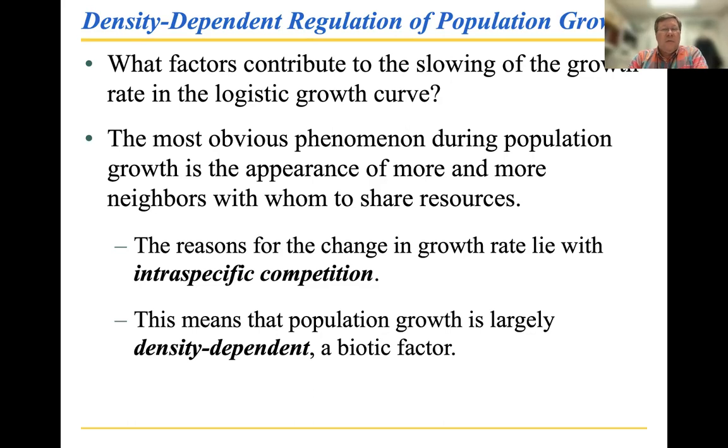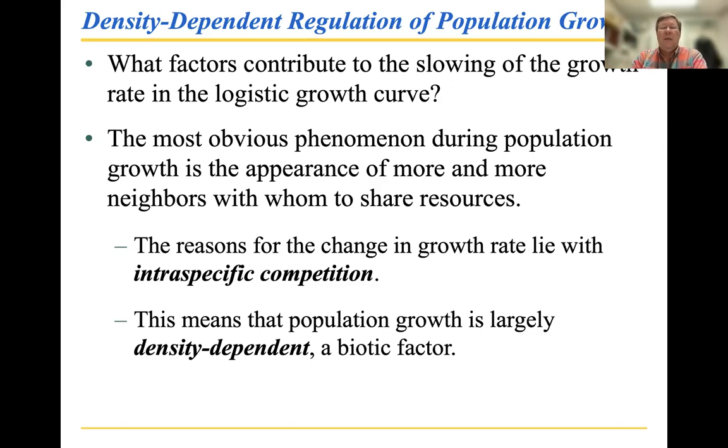And so as a consequence of this, you can see that when population growth is slowed, it actually has something to do with how many individuals are in the population. If the population is already pretty much filling the environment where it lives, then you don't expect a lot of growth. You may expect that the population maintains its level, maintains its numbers, doesn't go down, doesn't go up, maybe just a little fluctuation, and that's it.